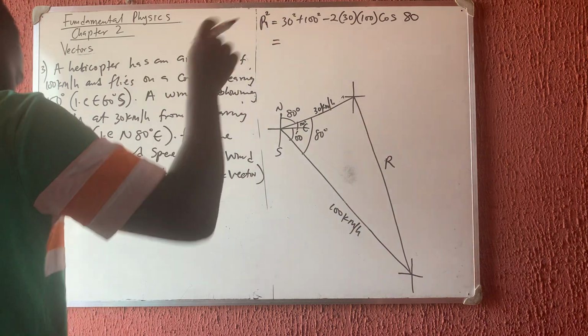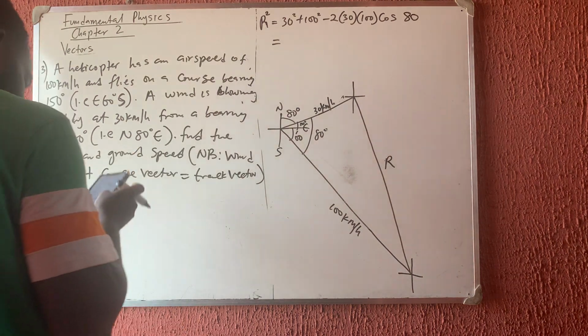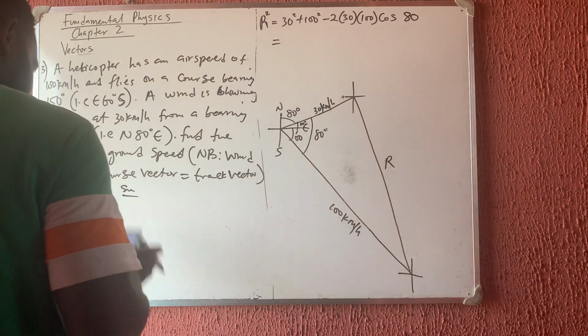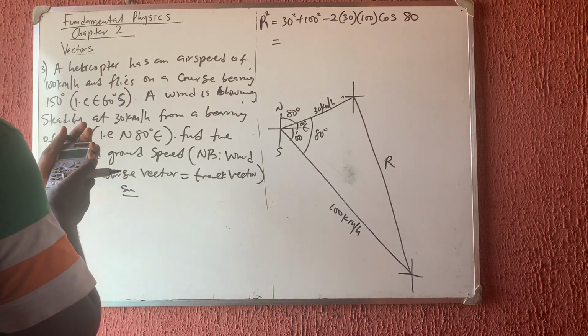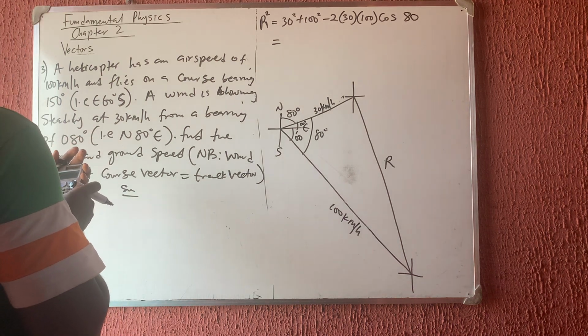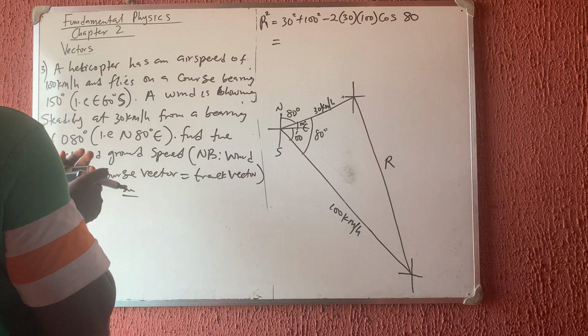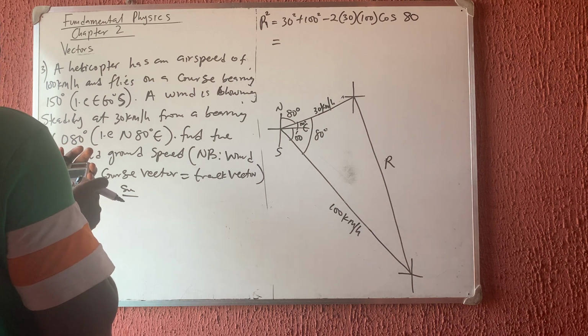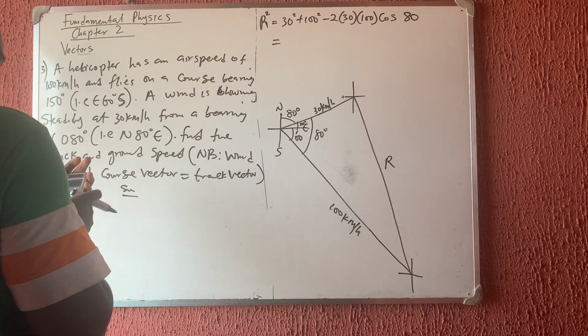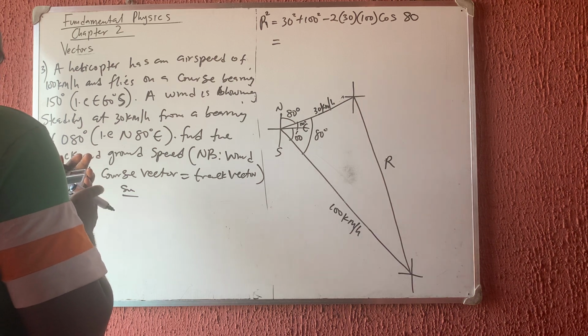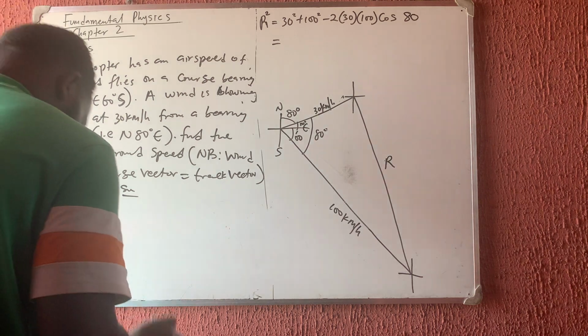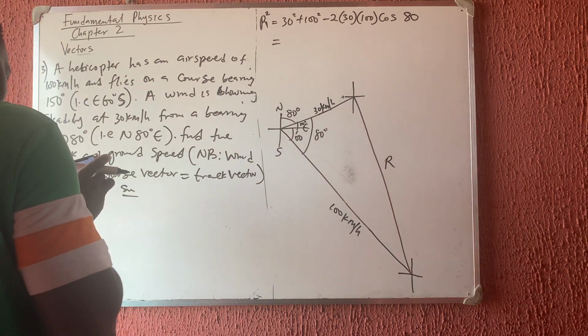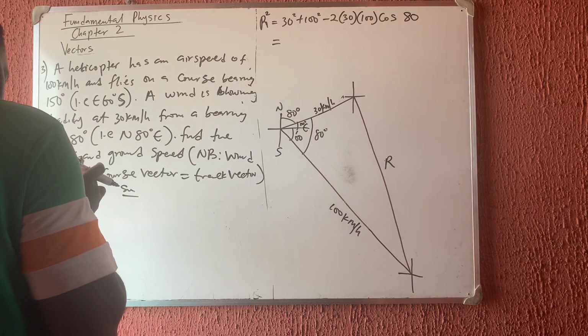So if you press everything there once, you'll be having, let me press it. 30 squared plus 100 squared minus 2 in bracket of 30 in bracket of 100, then cos 80. So everything is giving me 9858. Let me see if it's the same thing as what I got.